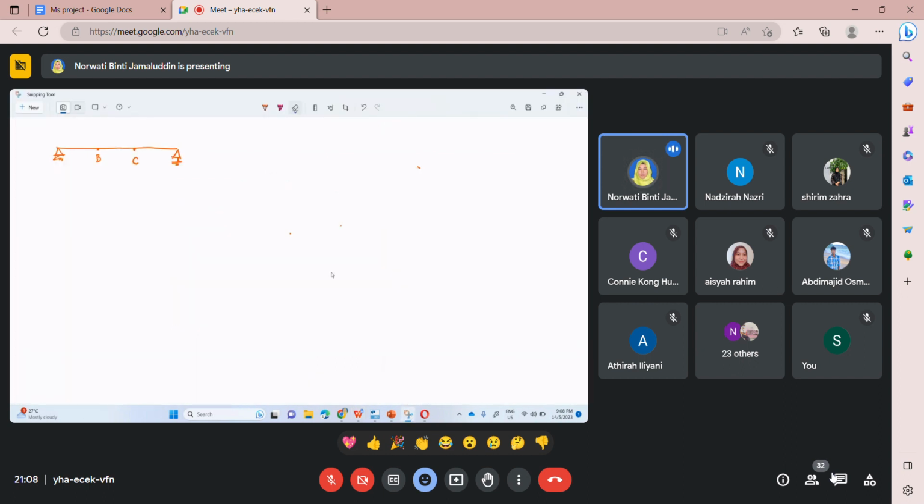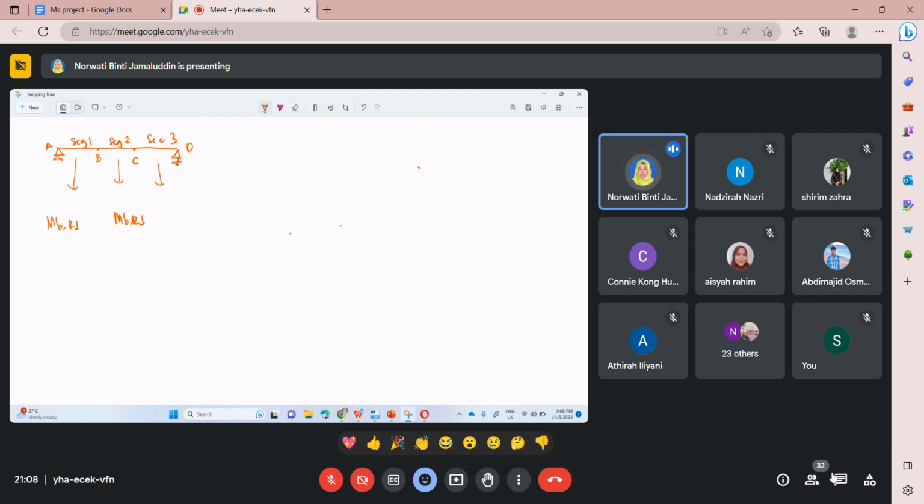We know that this beam is restrained at A point, B point, C point, and D point. So we have segment 1, segment 2, segment 3. In this case, for each segment, you're going to have its own MBRD.